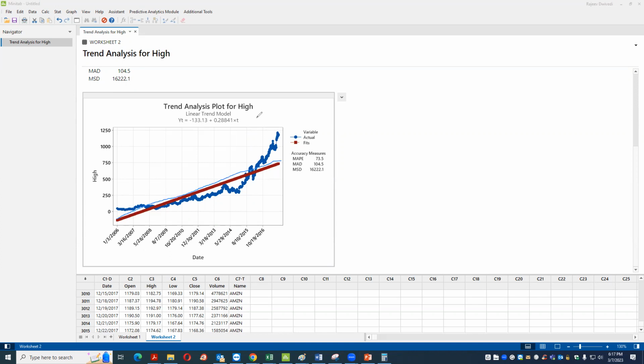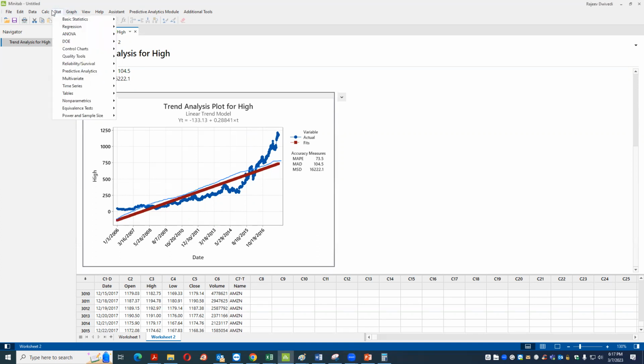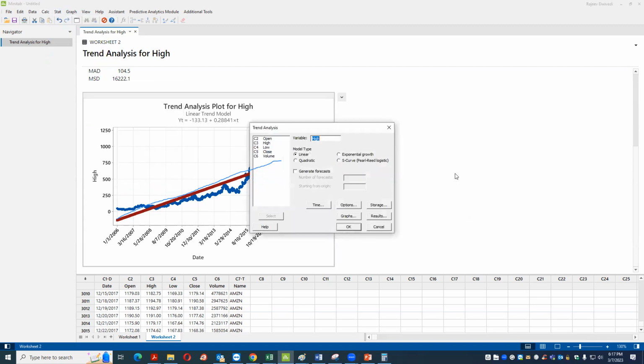Now we would like to see what the value would be after 365 days. So I go to Statistics, Time Series. Now we have the stamp right here. And now I go under Generate Forecast. Generate forecast for 365 days. That is what I'm going to do.